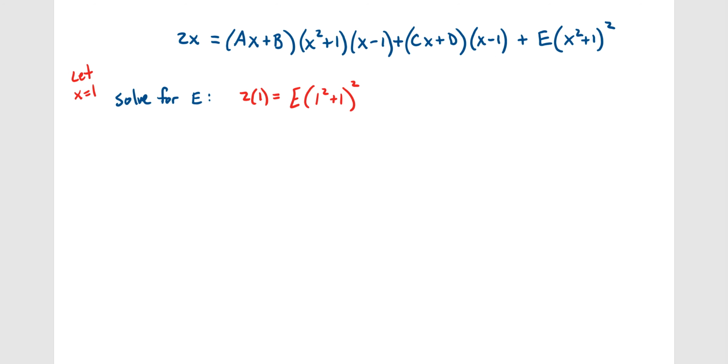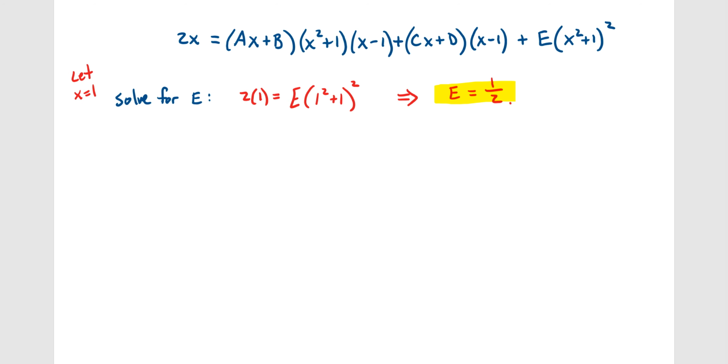And solving that for e, we get 4e on the right, 2 on the left, divide both sides by 4, we get e equals 1/2. So once again, just doing that one in our head because it's going to get crowded pretty quickly. Okay, so that is 1 down, 4 constants to go.